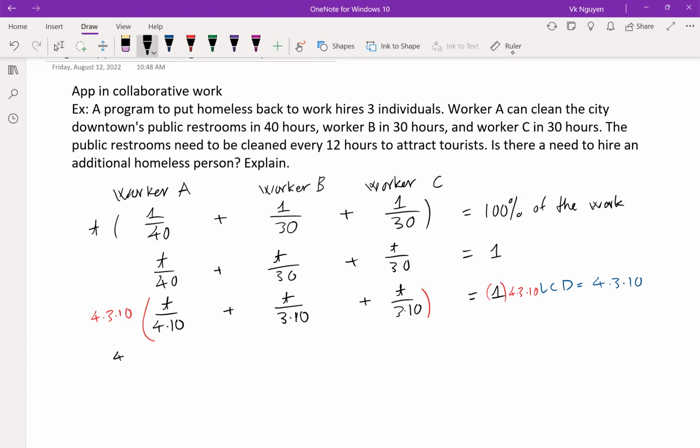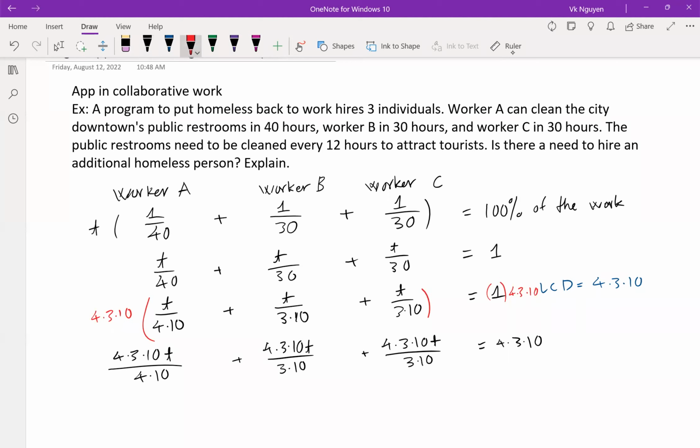Then we have 4 times 3 times 10 times T/(4 times 10) plus 4 times 3 times 10 times T/(3 times 10) plus 4 times 3 times 10 times T/(3 times 10) equal to 4 times 3 times 10.